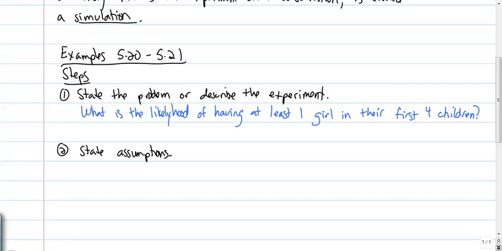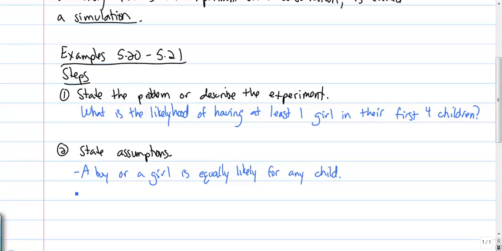For example, one of our assumptions we're going to make in this problem is that a boy or a girl is equally likely for any child. Whether you have a boy or a girl, they are equally likely. You could think of it as them having a 50% probability of occurring for each child.